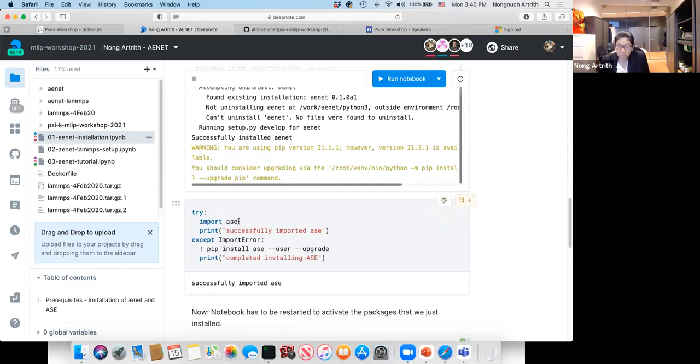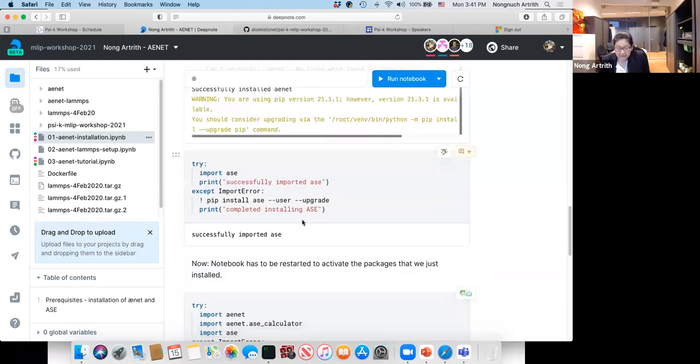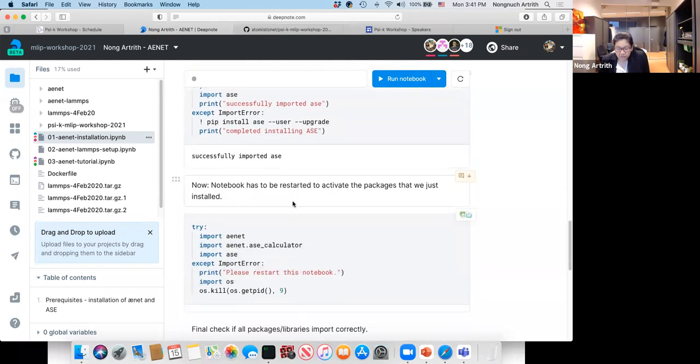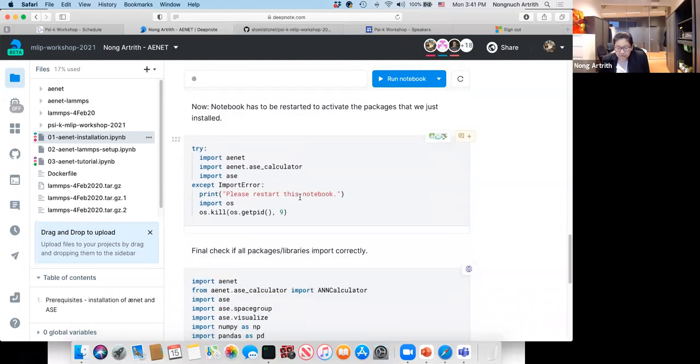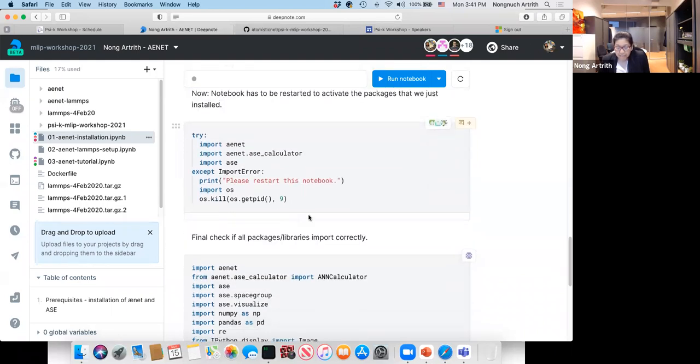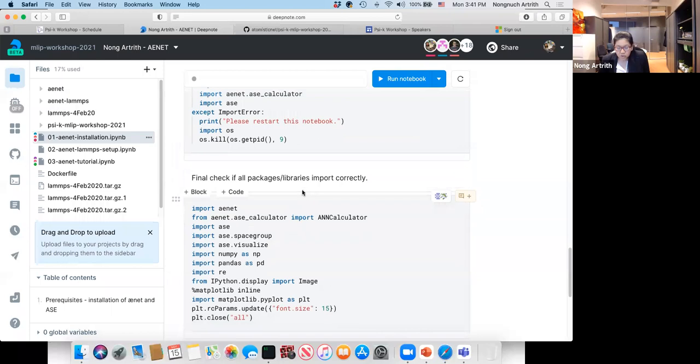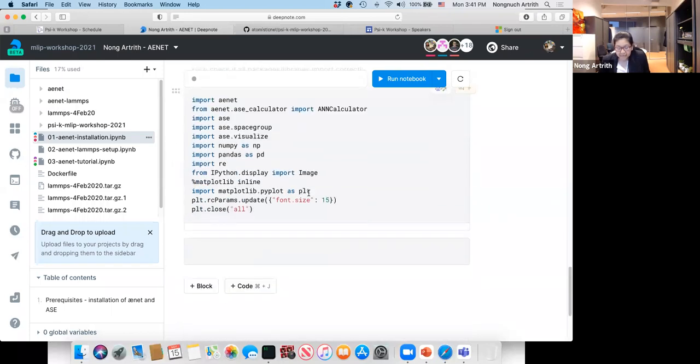I think maybe some of you already know how to use ASE. ANET also has a Python interface with ASE so you can use it easily, with many different applications. This is what you can prepare and use. So basically, the first one is just to help to install, and that's it.